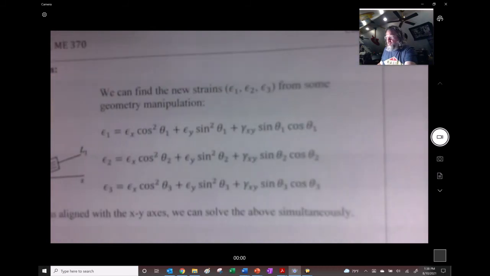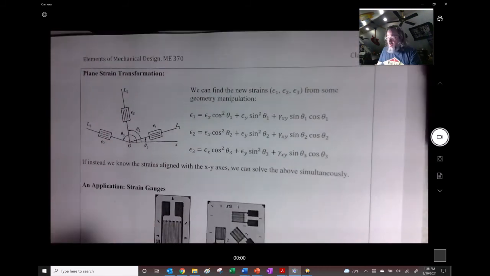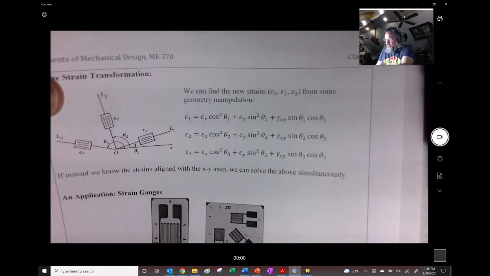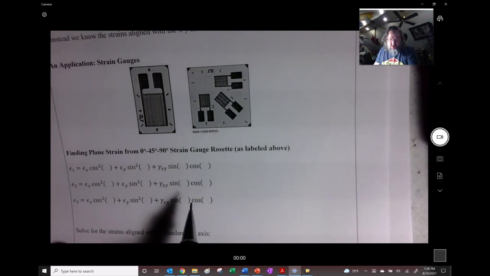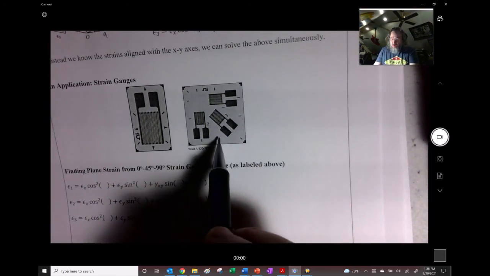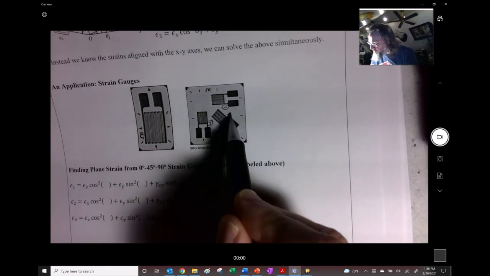Okay, so here are these equations that we described, and here is an application. The strain gauges we see right here, in this configuration, we're going to call this one 1, 2, and 3.